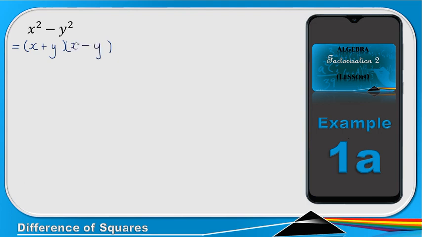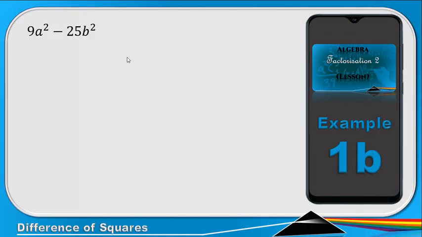Now when we FOIL this out, you'll see you'll get back to the original answer. But this is then its factored form. We have two identical brackets, each containing the square root of our two terms, but one has a plus, one has a minus. And it doesn't matter if the minus comes first or the plus comes first. That's also fine.